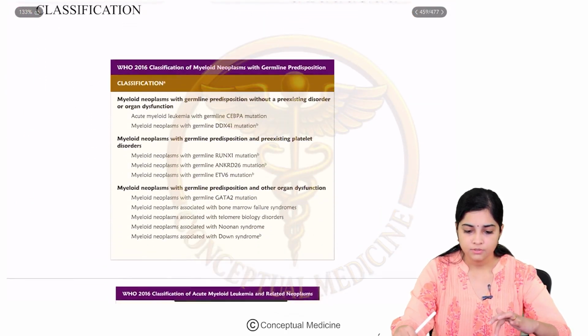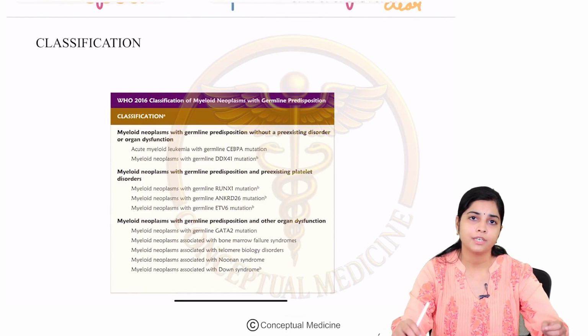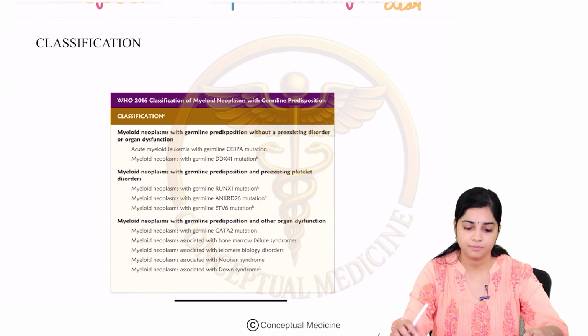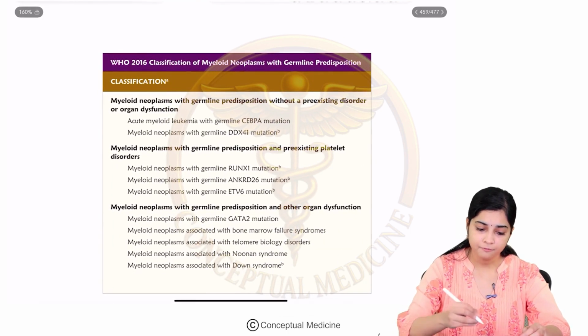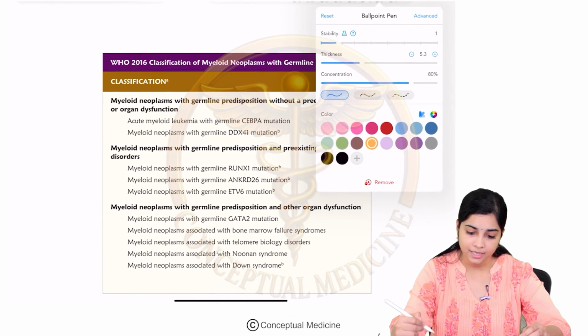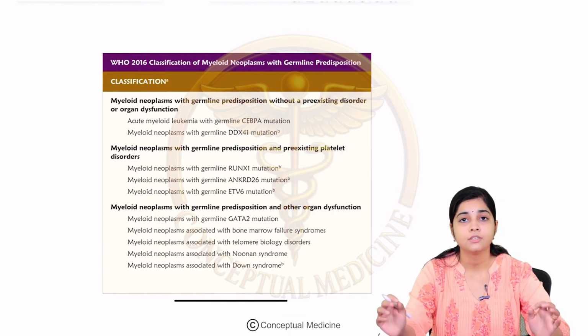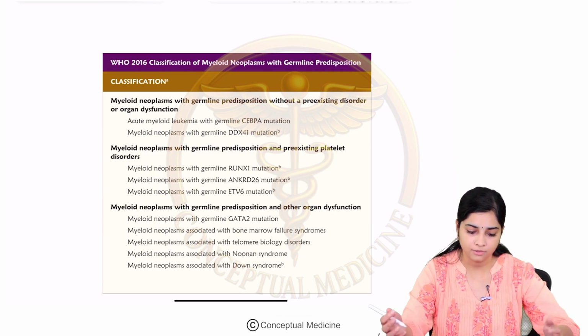Okay, fine. So now that we have understood this basic difference, let us understand the classification of acute myeloid leukemia. There are 2-3 classifications that we have to know. The first one is the WHO 2016 classification of myeloid neoplasms, especially with germline predisposition. That means if they have a certain set of genetic abnormalities, then they are classified according to this.